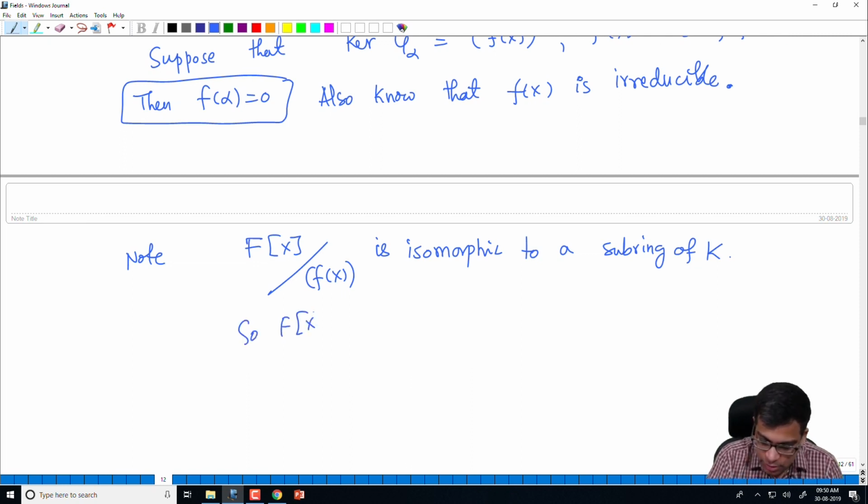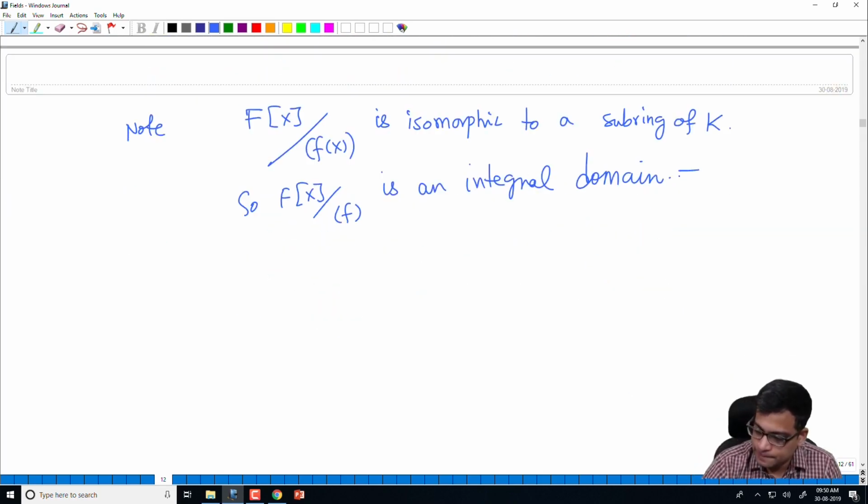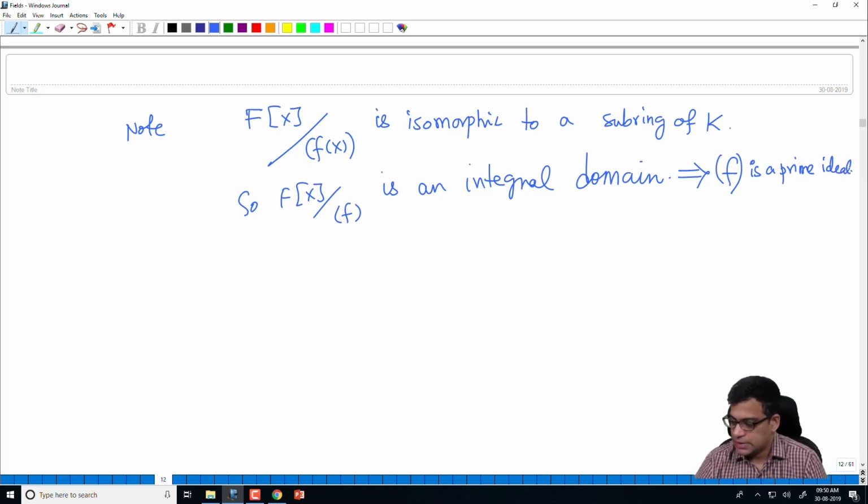So F[x] mod (f) is an integral domain, right? A subring of an integral domain is an integral domain. Hence (f) is a prime ideal.